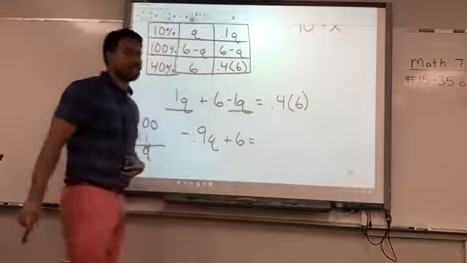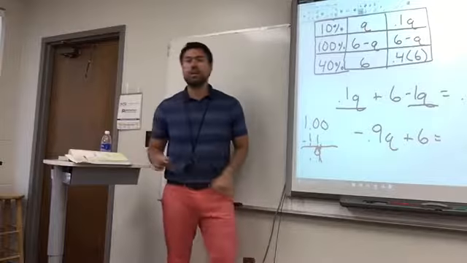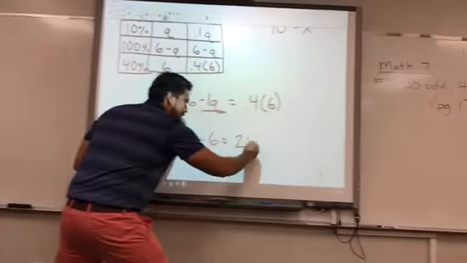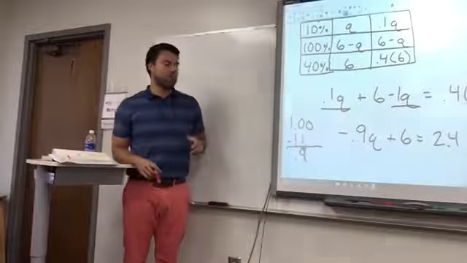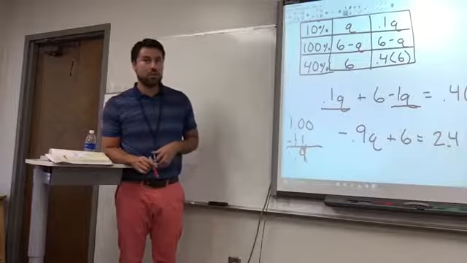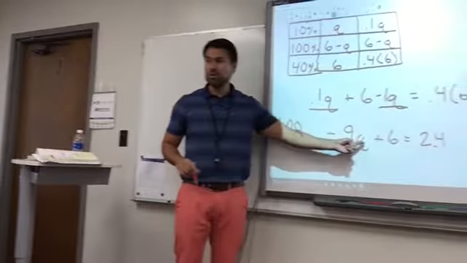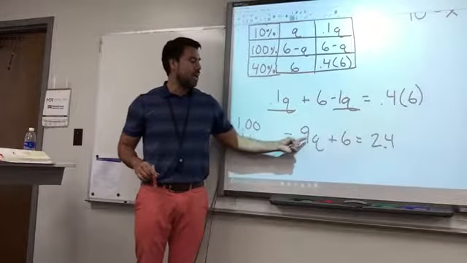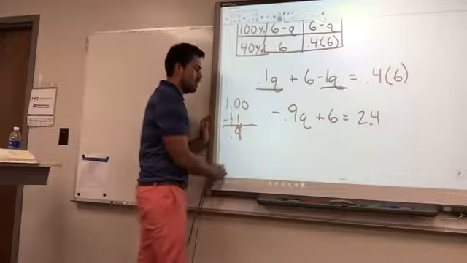What's 0.4 times 6? Just do what's 4 times 6? 24. And then the decimal goes right there. It's 2.4. Now solve for q. You look at what's happening to q. It's being multiplied by negative 0.9 and added with 6. So what do you do to both sides first?